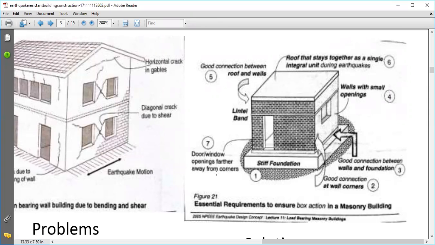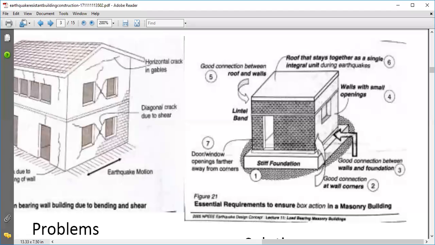Doors and window openings should be far away from the corners, and the roof should stay together as a single integral unit during the earthquake.